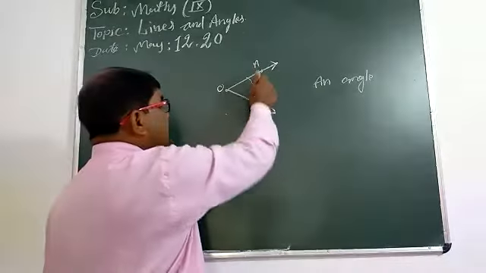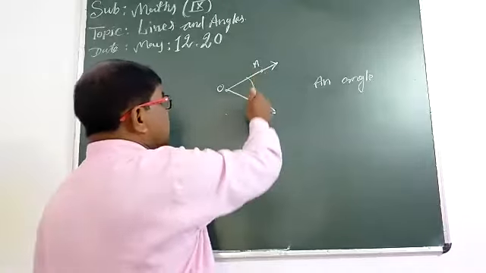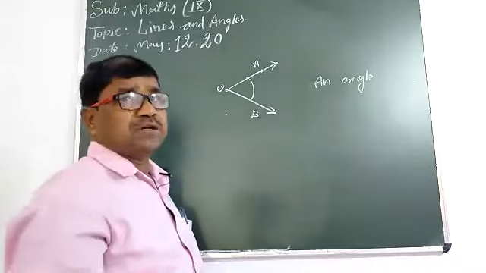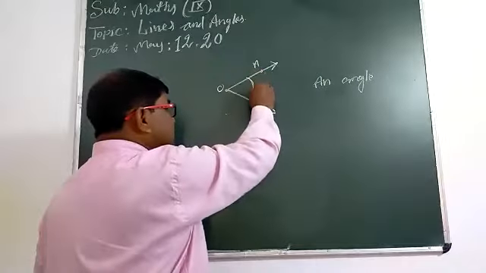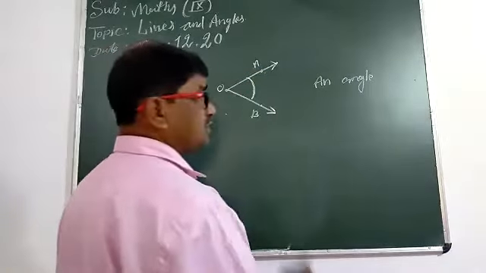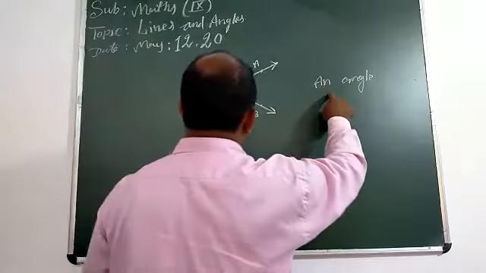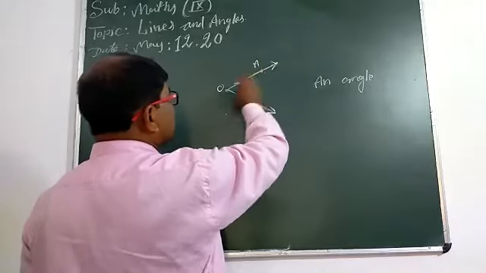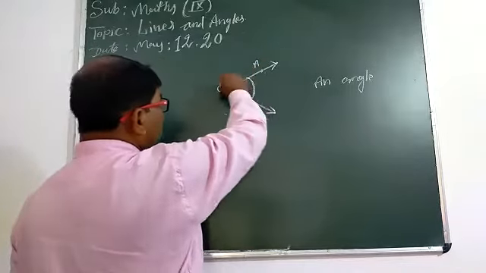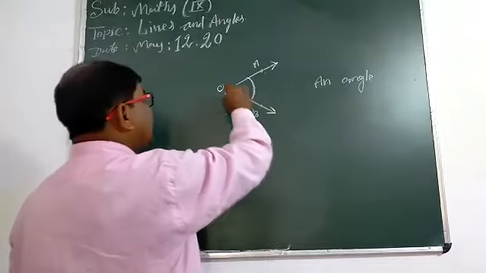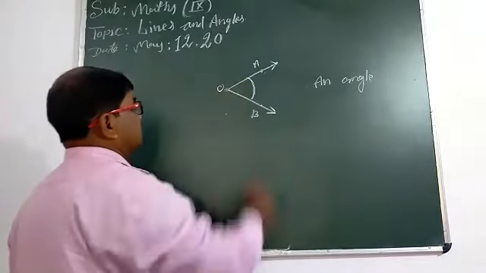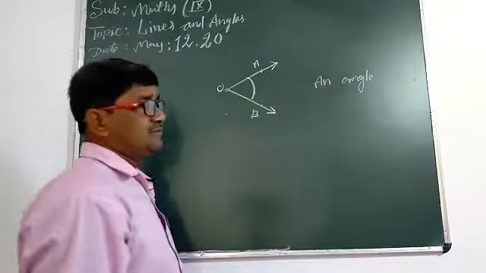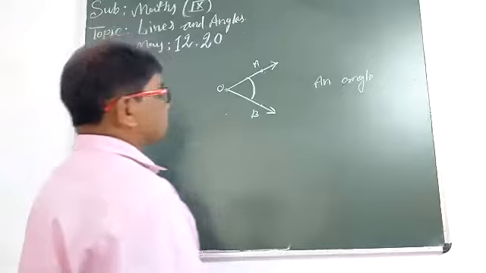There is a space between these two rays, just like the hands of a clock. This portion is called an angle. An angle has two rays, I mean two arms: OA is an arm, OB is an arm, having the same initial point and making some inclination. This is called an angle. Understood angle?